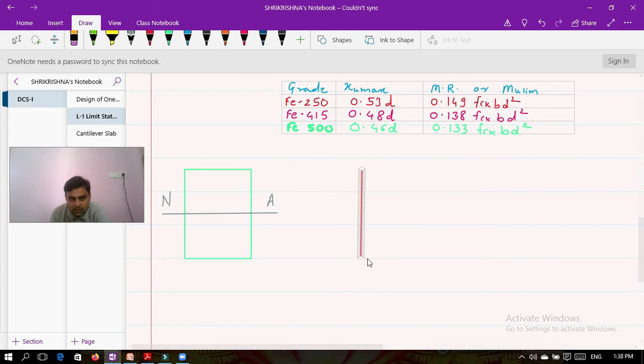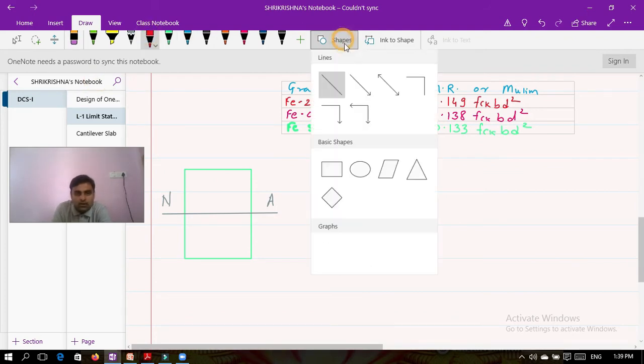Again, we will draw the strain distribution diagram, which we have already seen. Here also we need to draw the strain distribution diagram. From this strain distribution diagram, we will draw the stress distribution diagram also.